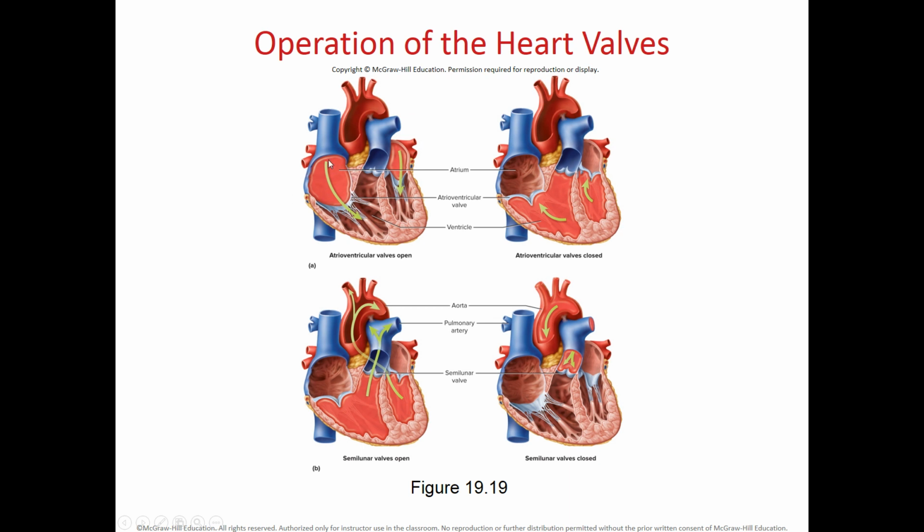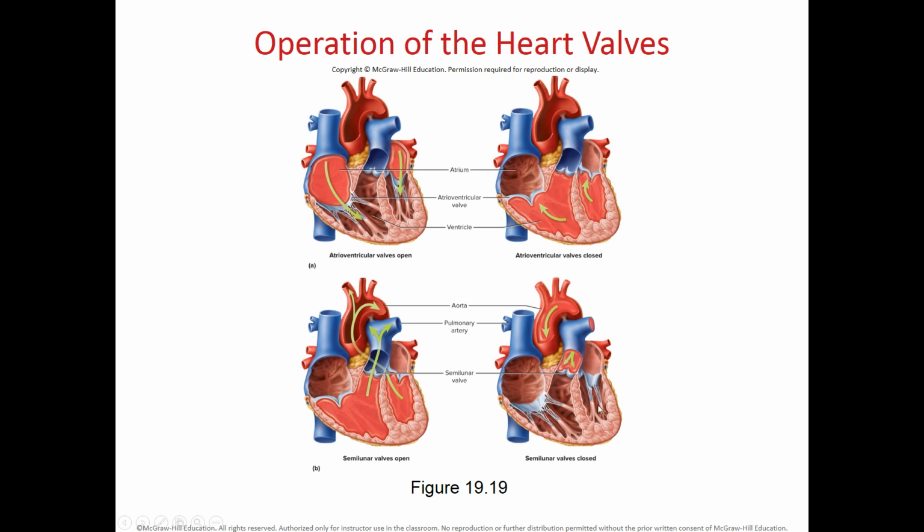They open when you have higher pressure proximally to them, and then they allow the flow of blood from upper chambers to lower chambers. These lower chambers get filled with blood, blood pressure increases. This will close these AV valves. You have the S1 sound produced, and then you will force the blood into the pulmonary trunk or the aorta because you have more pressure in the ventricles than in the arteries.